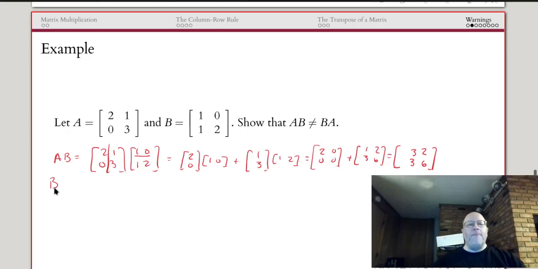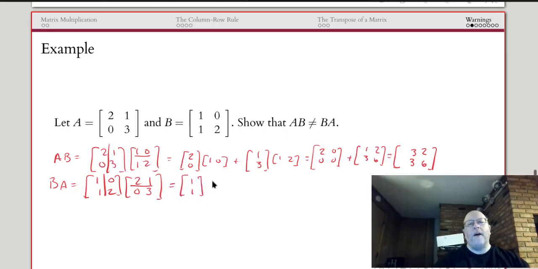But if we multiply B times A, 2, 1, 0, 3, then our pairs are different. We're pairing 1, 1 as a column with 2, 1 as a row, and we're pairing 0, 2 as a column with 0, 3 as a row.